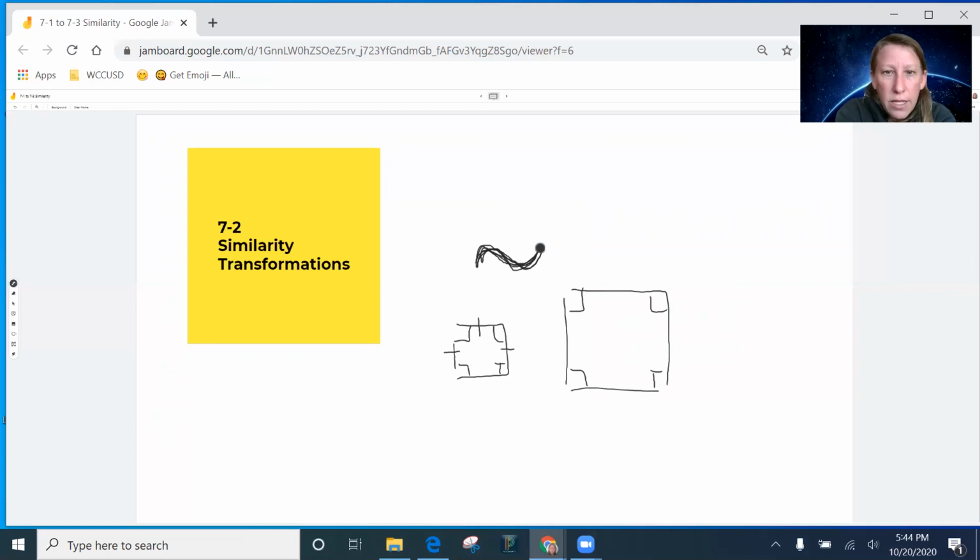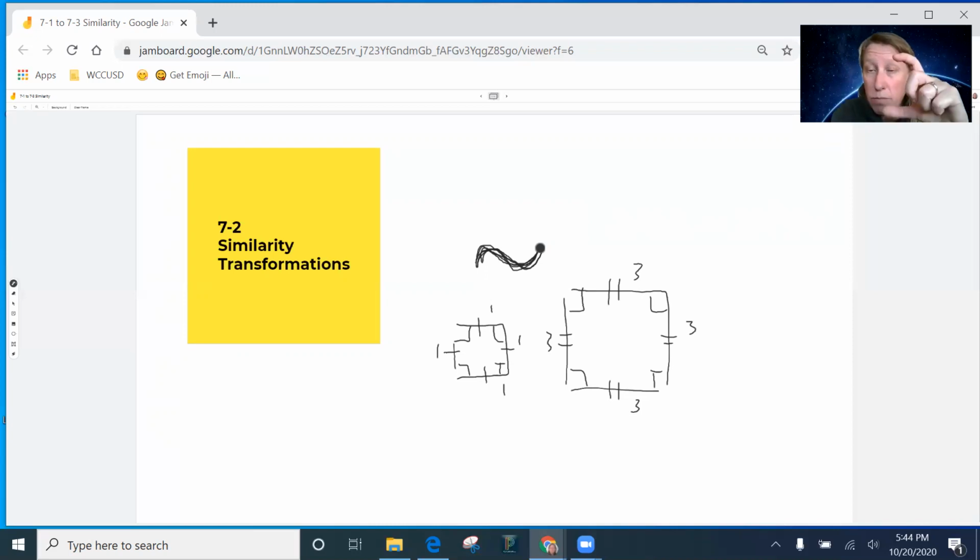And their sides are all the same also, which means that if this side is 1 and this side is 3, this is 1 to 3, this is 1 to 3, this is 1 to 3. And so the proportion of the sides is going to be the same. Now, similar means same shape, essentially.